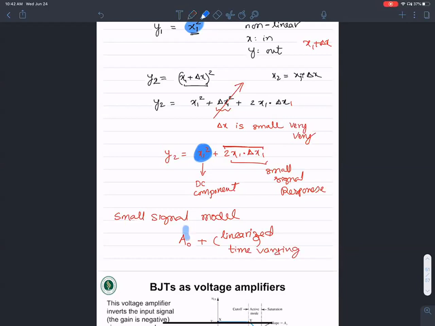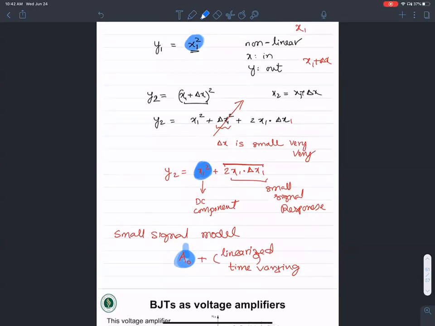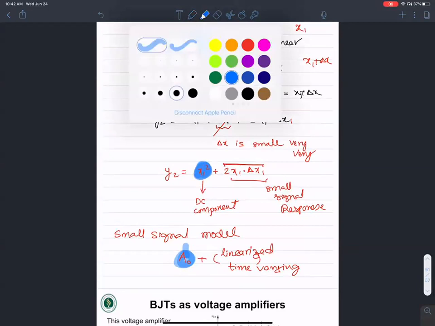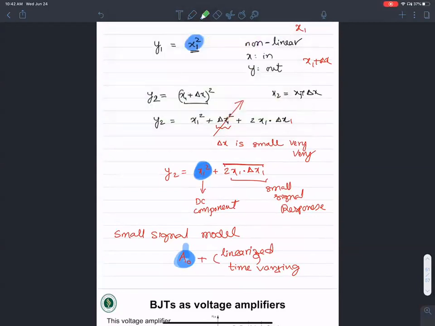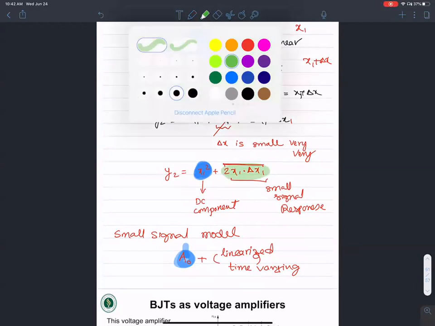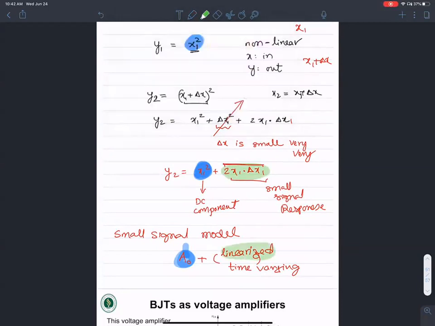Okay, so there is a DC component like so, which corresponds to the unchanging part in the three scenarios. And then there is a linear component, which is not squared law dependence. This is linearized, meaning that we ignore the higher order component. We ignore this guy, the x squared term or any other term, because that is a small value. Okay, that's a small signal model, meaning that there is a DC and an AC component.